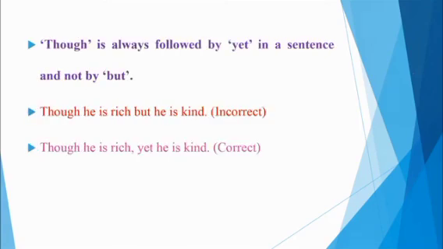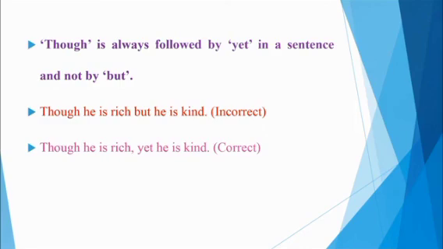Let's see the next rule. Though is always followed by yet in a sentence, not by but. Let's see the first sentence. Though he is rich, but he is kind.